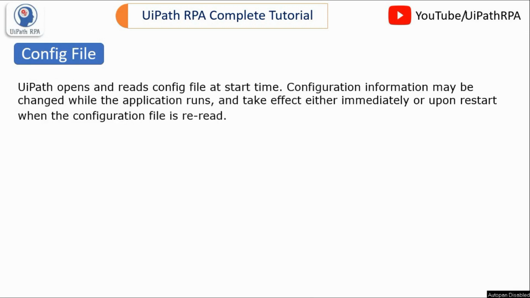Now, UiPath opens and reads the config file at start time. Whenever we use a config file, the first time we run our project, at the starting tab and initial step it reads the config file. Configuration information may be changed while the application runs and takes effect either immediately or upon a restart when the configuration file is reread.